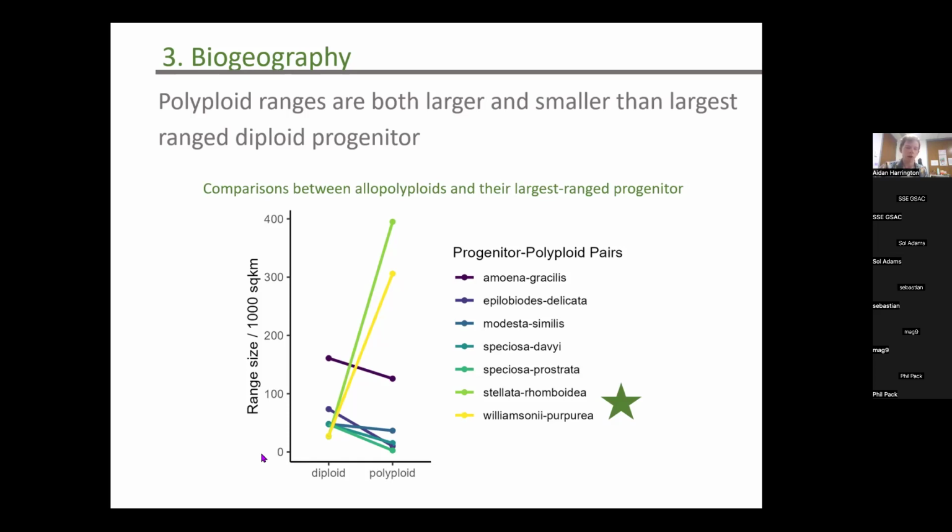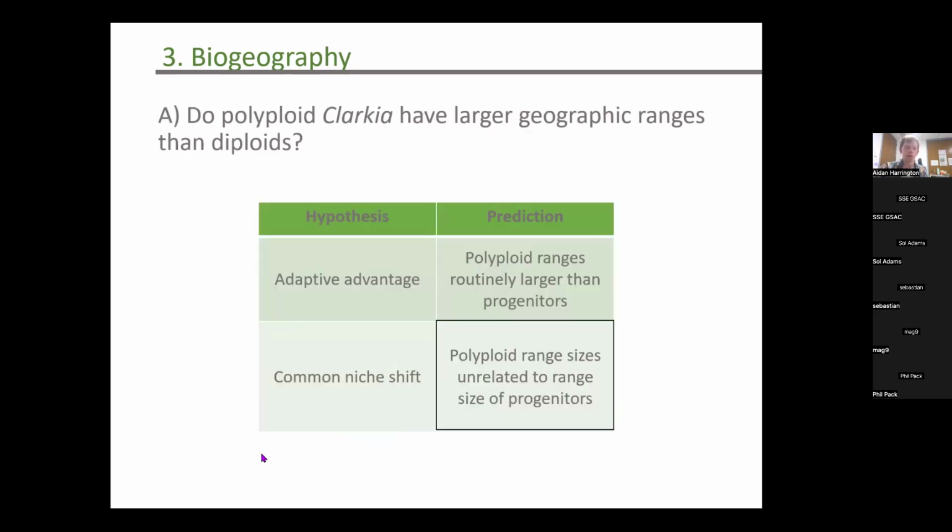And only in 2 cases do we see huge increases in range size. So again, it's reinforcing the idea that it doesn't seem clear that polyploid ranges in Clarkia are routinely larger than their progenitors, and they seem more or less unrelated to the range size of their progenitors. So really no evidence for this adaptive advantage hypothesis.